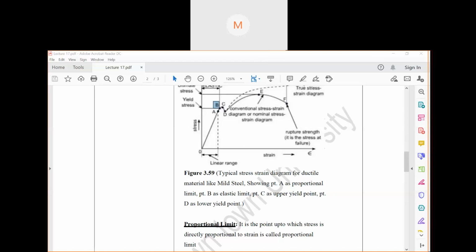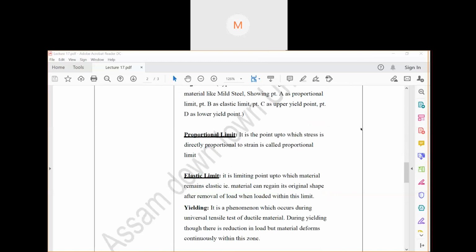Anyone else want to say? And size. Temazar, please speak. What you said? I'm not able to hear you. Original shape and size. Okay, shape and size is fine. Anyone else want to add to it? No? Okay, fine.